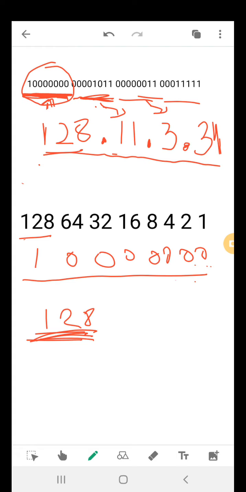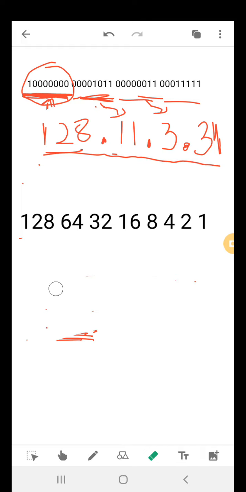Now similarly, let us take the second octet, which is 11. Now we need to get the binary representation of 11. So how we will be getting it is just try to figure out which multiple values after adding will give us value 11. Okay, so for that, if we do 8 plus 2, that will be 10, and if we add this 1, then we will be getting 11.